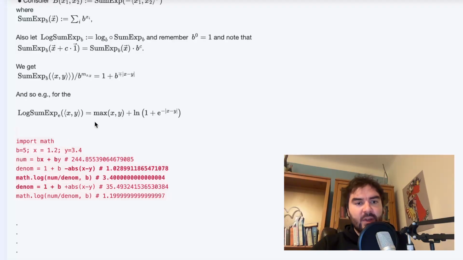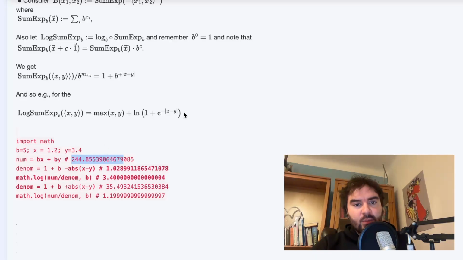So for example, if you take base 5 and x is 1.2 and y is 3.4, just some random numbers, then the left-hand side, the SumExp of base 5 of these two values, becomes some relatively large number, 244.